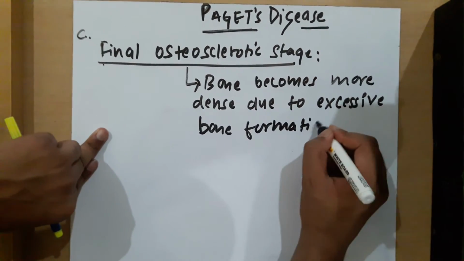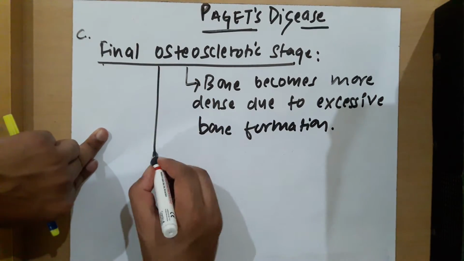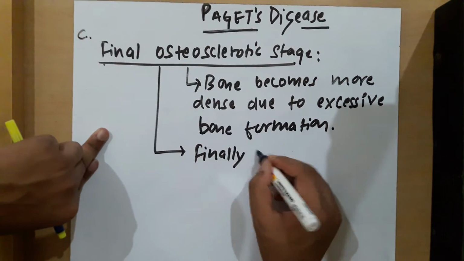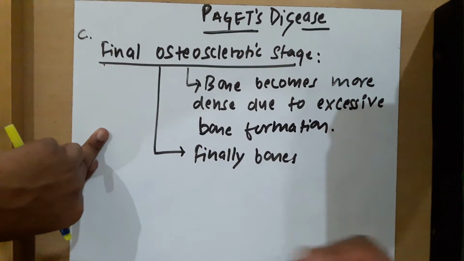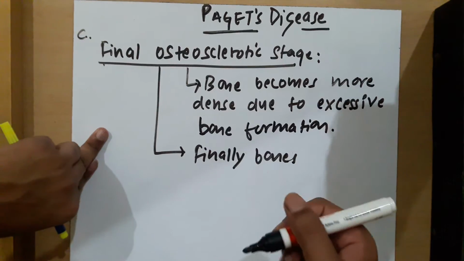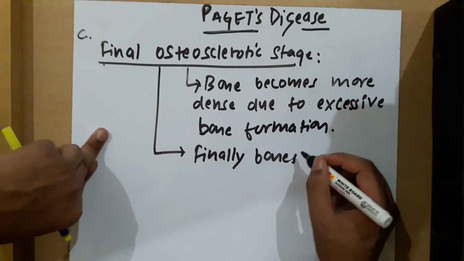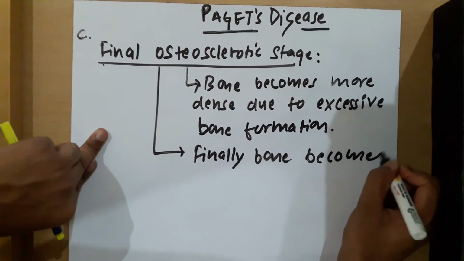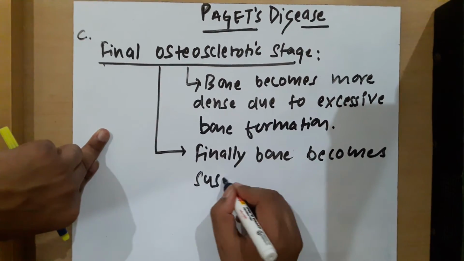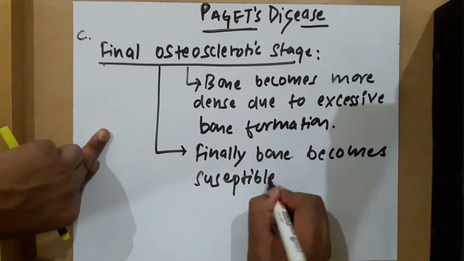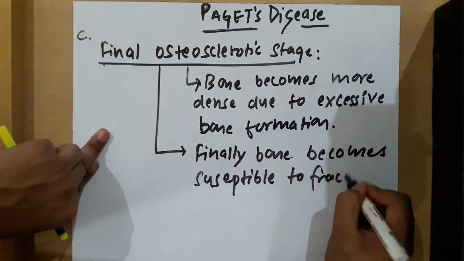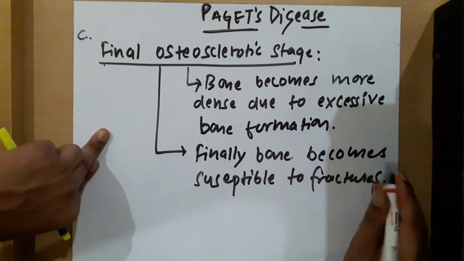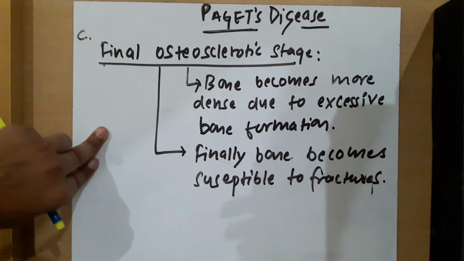It's not that the dense bone will be a stronger bone. The bone becomes susceptible to fracture. It's not that it will become much stronger, but instead it becomes susceptible to fractures.